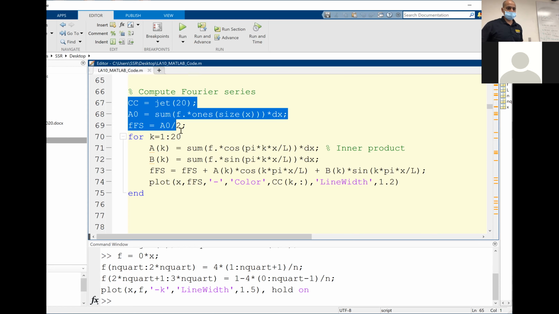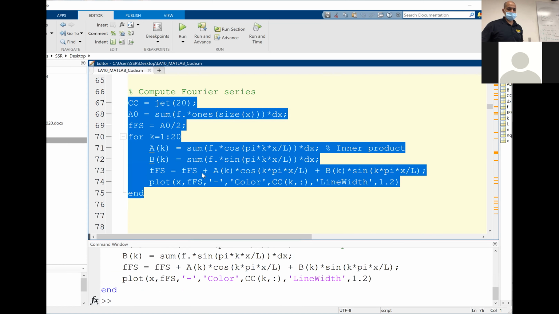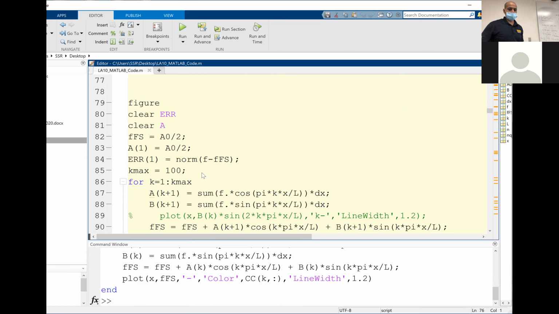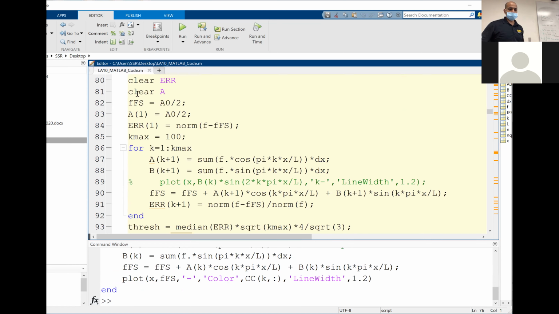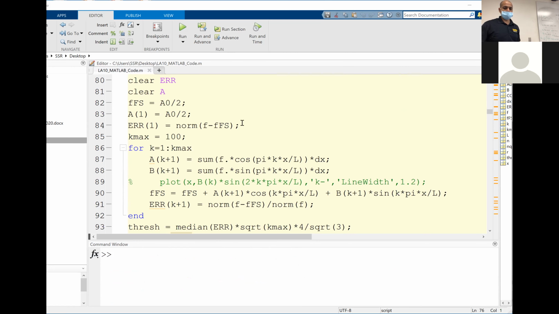So if you compute the Fourier series, the second part, I'm going to run this. And then I want you to plot this. I'm going to run this section, and I want you to observe figure number 1. Everyone run figure number 1, watch figure number 1.